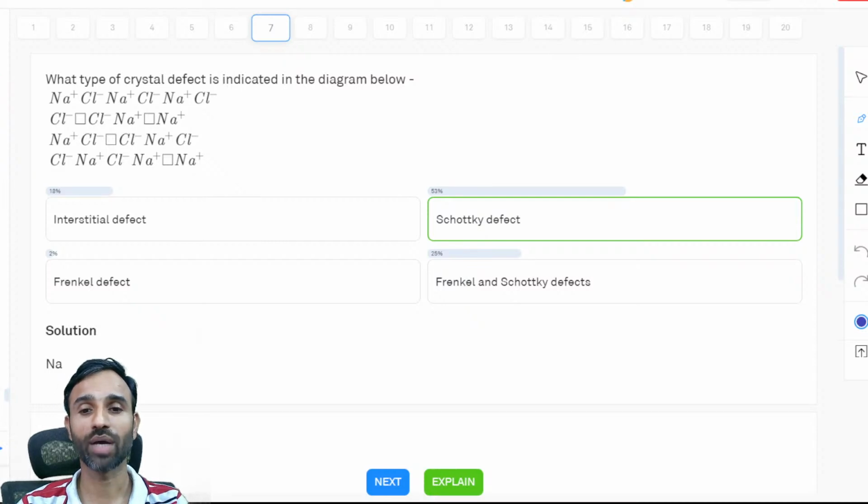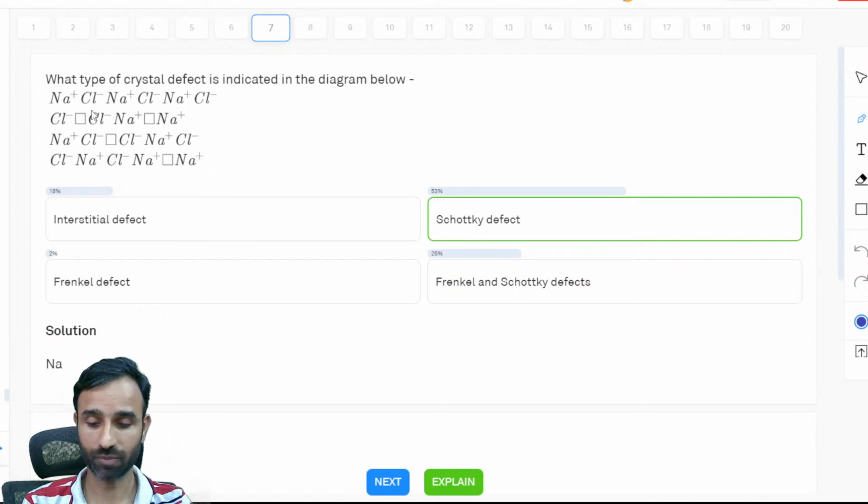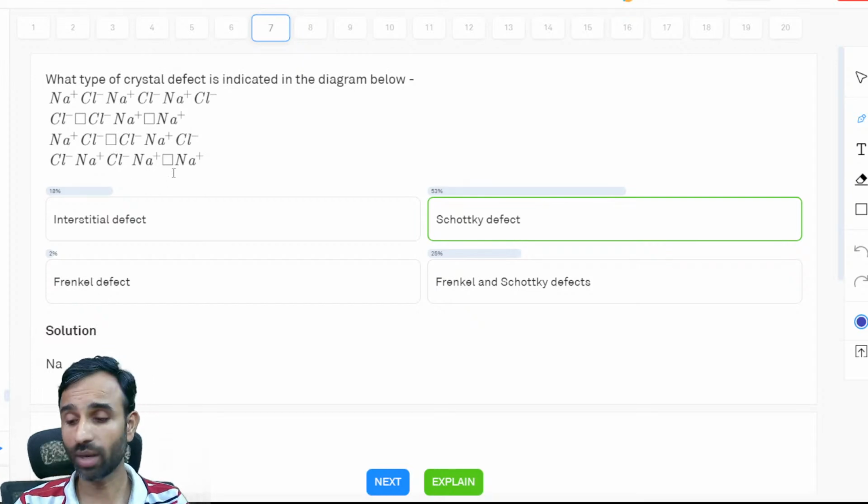Okay, so beta, equal number of cations and anions are missing from the regular sites. See, here Na⁺ is missing, then Cl⁻ is missing.